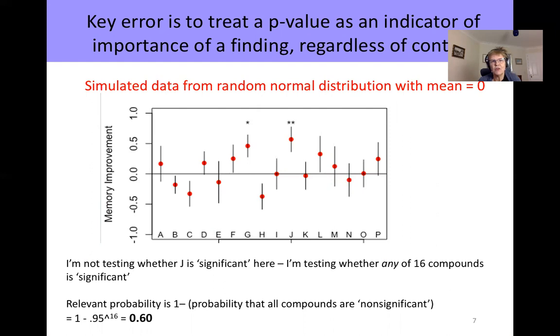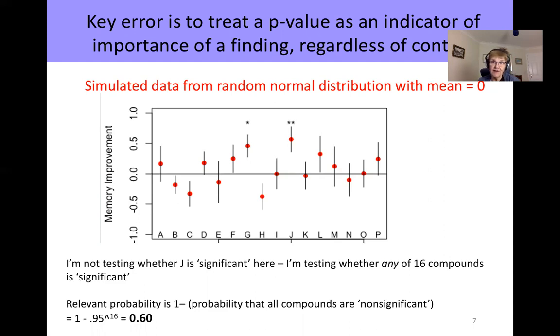But the key point is you're not testing whether compound G or compound J is significant here, because the way this whole study has been set up is that the interest is in, are any of these 16 compounds having a good beneficial effect? And that's a different question that you're asking, which requires a different type of probability, because what you're really asking is, what's the probability that none of these compounds is significant? Because you're not bothered which one it is. You're just looking for something that passes this screen.